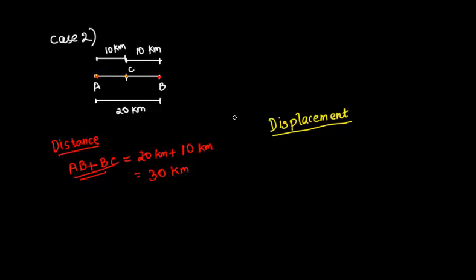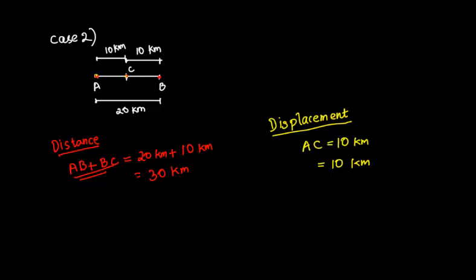So the shortest line between A, the initial point, and C, the final point, is AC. So what is AC? AC equals 10 kilometers. So the displacement is 10 kilometers. In this case you will see that the distance is not equal to the displacement.